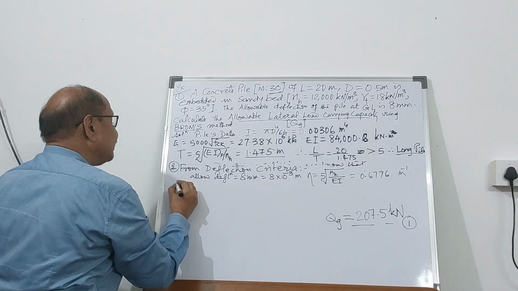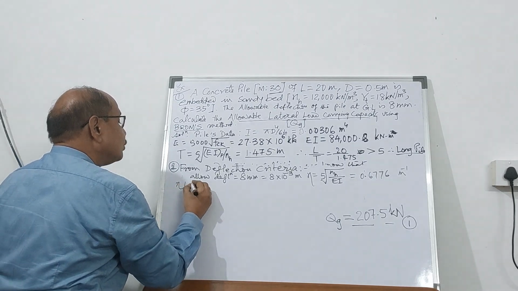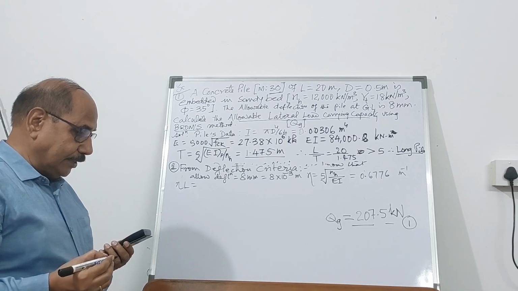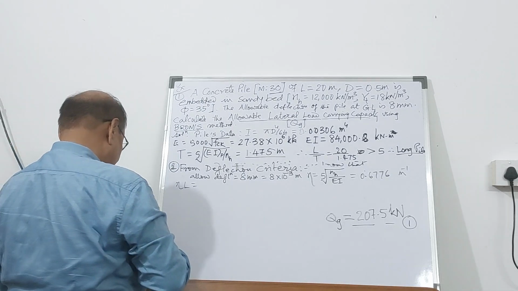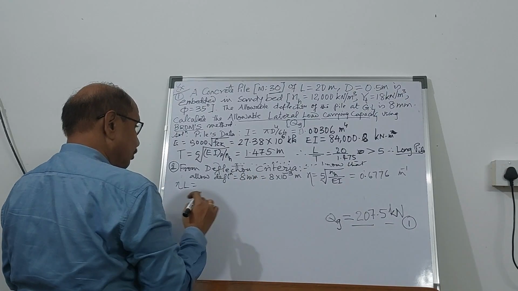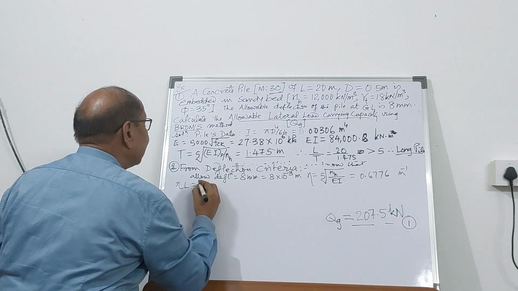So find out now eta L. L is 20, so multiply it by 20 and you will be getting the value of eta L. So if you multiply by 20 multiplied by this, it will be 13.55.